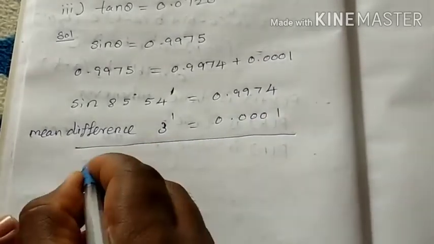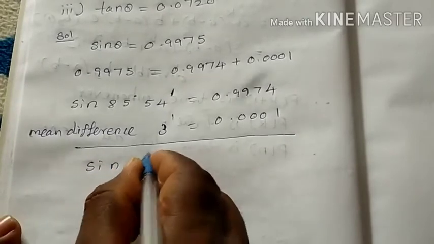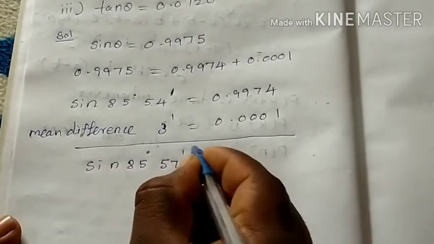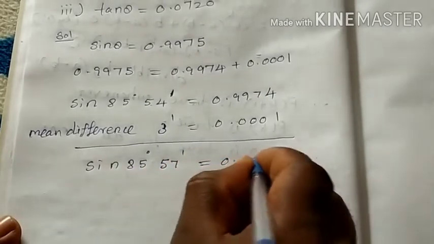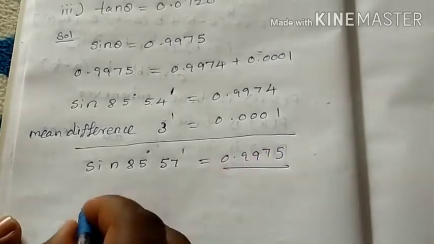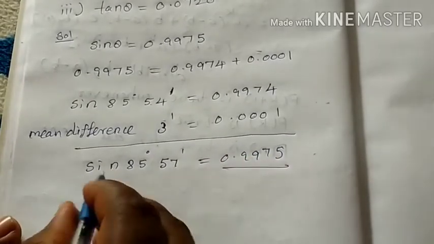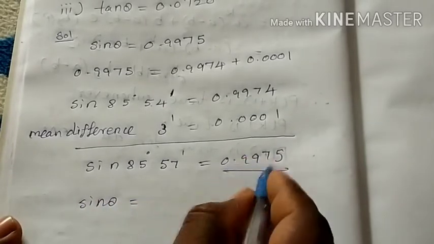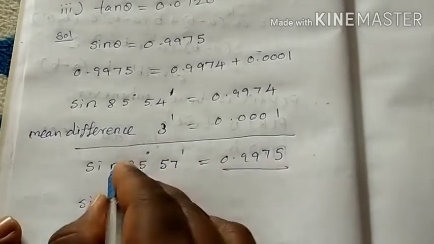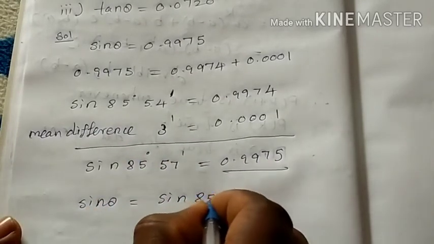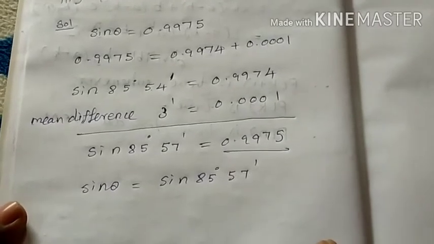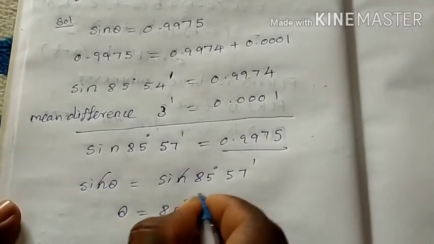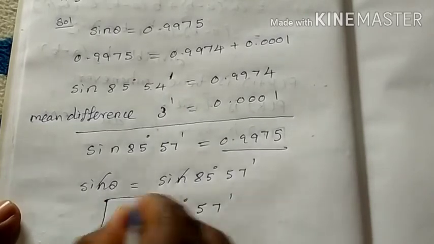Then the sum of the values: sine of 85 degrees 54 minutes plus 3 minutes, which is 57 minutes, equals 0.9975. Therefore, from the question, sin theta equals 0.9975, which equals sine 85 degrees 57 minutes. So sine is cancelled, and the remaining is theta equals 85 degrees and 57 minutes.